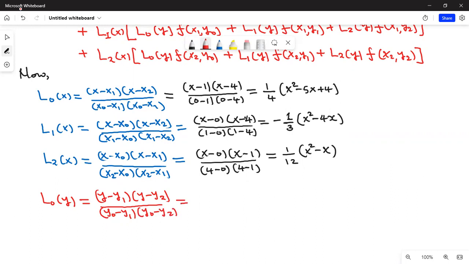So what will this give us? It is the same as y minus y1, which was 1, and y2 is 3, over y0 is 0 minus 1, another 0 minus 3. That should give us 1 over 3 times y squared minus 4y plus 3.